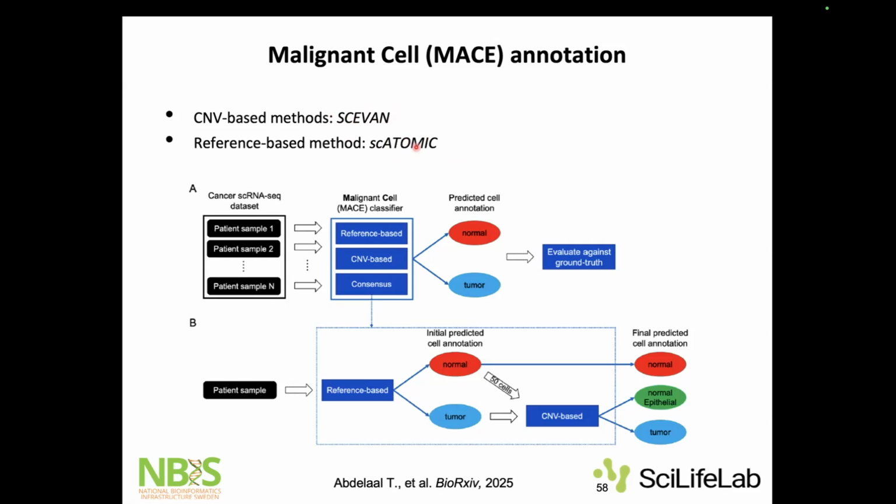And then what they say here is that reference-based methods that have been trained on cancer cells can perform well, but not in every case. This method at least uses the reference, and it's very good at annotating the normal cell types, but all the epithelial cells are annotated as tumor cells.